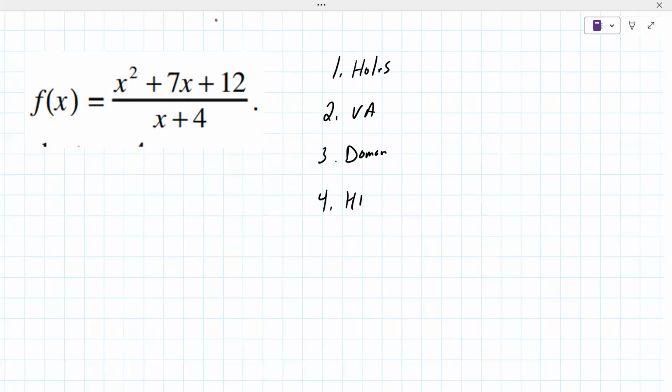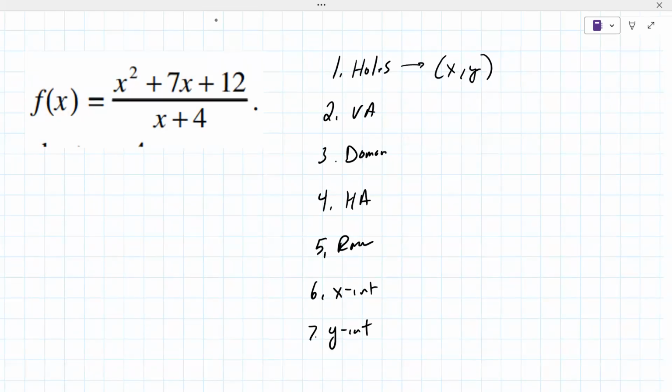Horizontal asymptote. Range really comes from the graph, but you could do it here if you wanted. X-intercept, Y-intercept. And if there is a hole, you want that as an ordered pair. Got it.